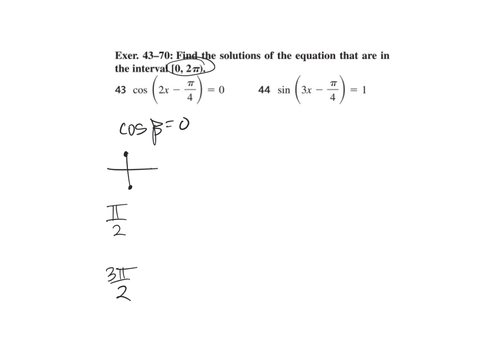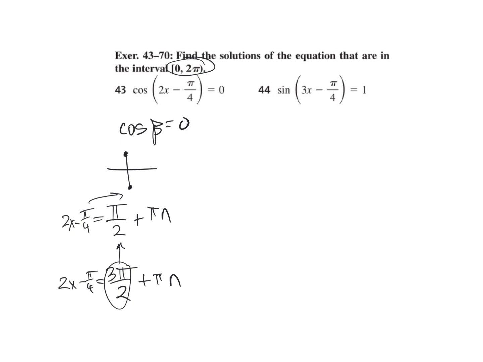All right, so now we have 2x minus pi over 4 equal to pi over 2, and 2x minus pi over 4 equal to 3 pi over 2. So now we just solve this as a normal situation and add pi over 4. Let's make sure we understand this is also still with pi n, even though 3 pi over 2 is in this one.